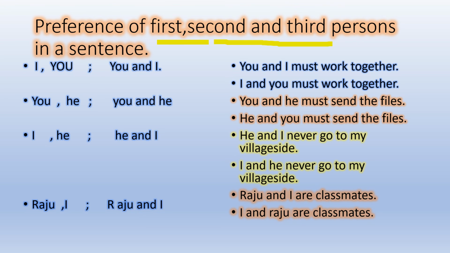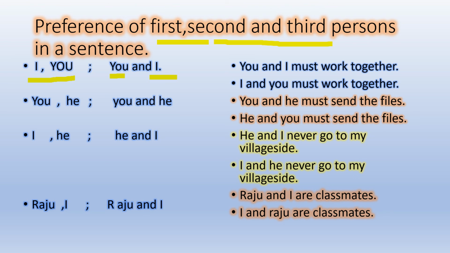When we write first and second person, or second and third person, or first and third person at a time in a single sentence, what is the order we have to follow? Suppose the first one: I and you. When we write the first person and the second person, we have to write the second person first and then the first person.